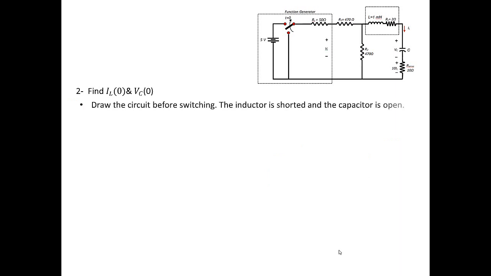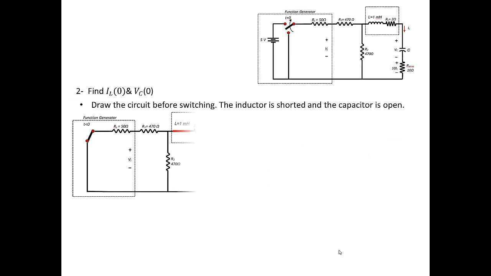The first thing I'm going to do is find IL at 0 and VC at 0. So we're going to draw the circuit before switching, and before switching the inductor is a short circuit and the capacitor is an open circuit. So this is the circuit we have before switching, where the switch was basically connected, shorted. We have the 50 ohm resistor here, the 470 ohm resistor, and another 470 ohm resistor here also.